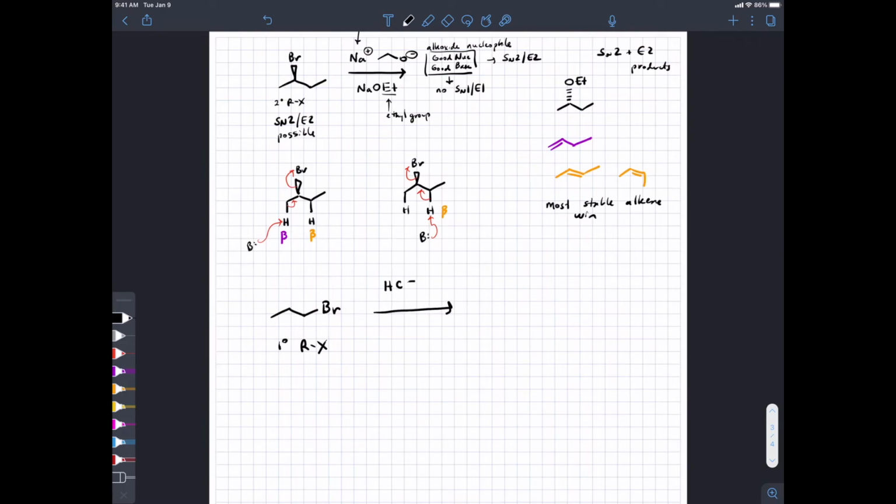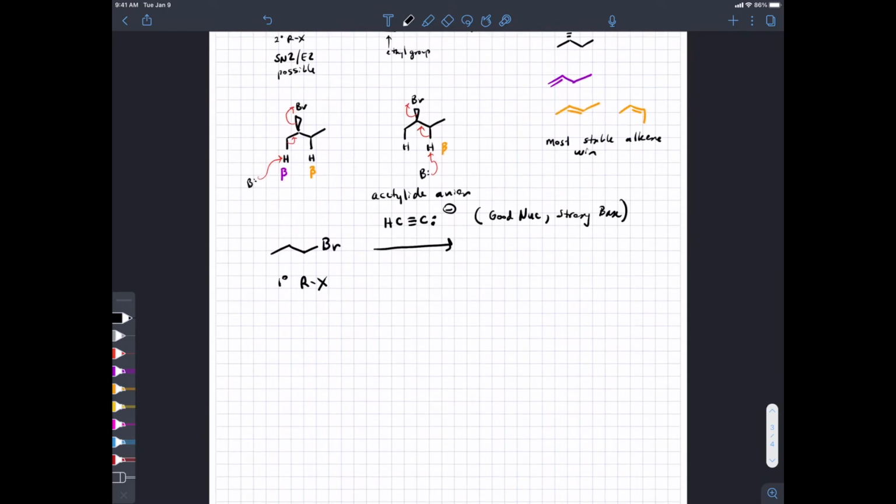Let's use something like the acetylide anion, which is, based on our discussion above, both a good nucleophile and a good or strong base. I can't decide whether I'm going to say good or strong, same thing. Okay, but if we go back, we might expect SN2 and E2 products from the base/nucleophile.